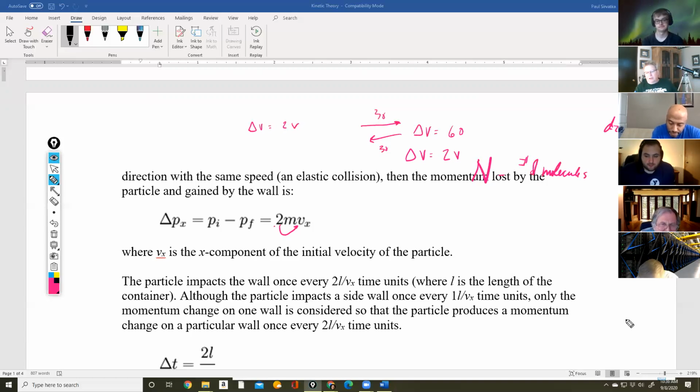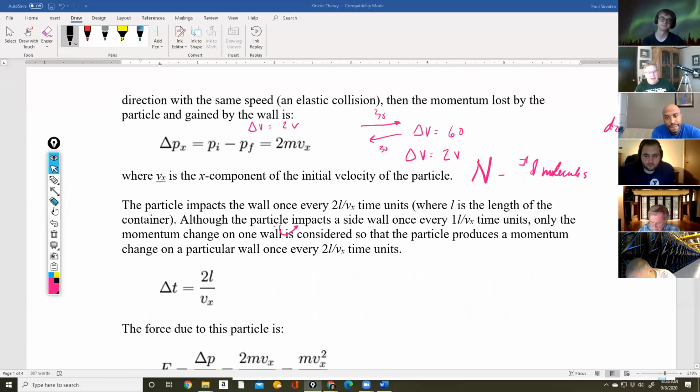Now over here, they're going to talk about in terms of how often does it impact the wall. Well, L is the length of the container. So I want you to imagine that we have a cuboidal container.